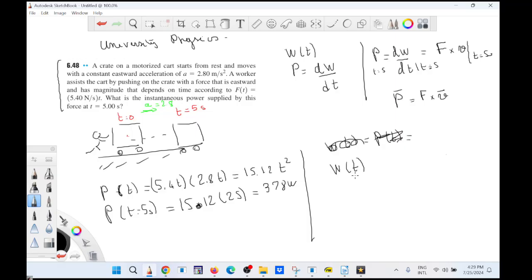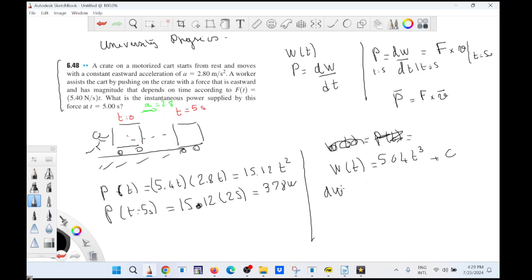So the work done at a given time is going to be equal to 5.04 times a function of time. Okay, so you can show that. I can show you how to do it, but if you go this path here, first you have to find the work as a function of time, and then you take the derivative.